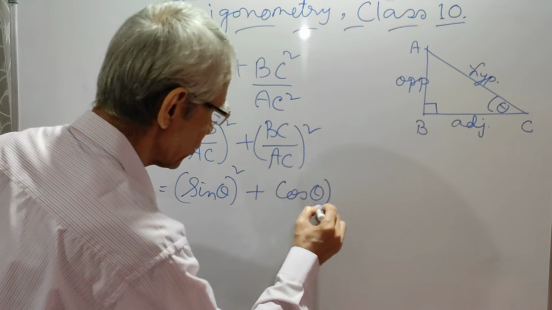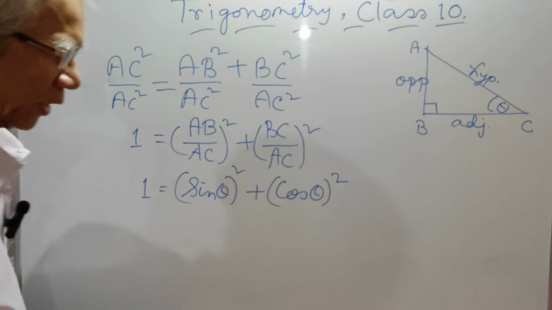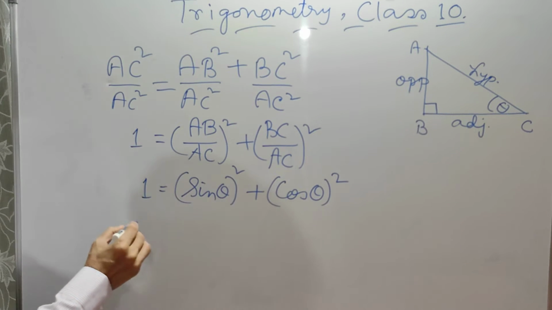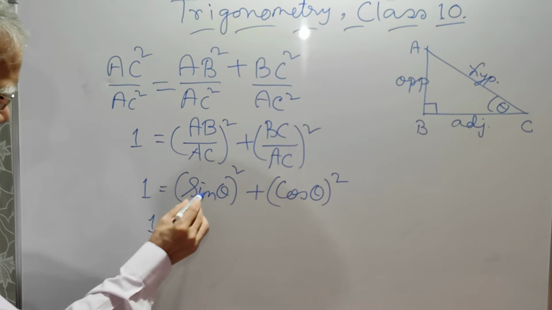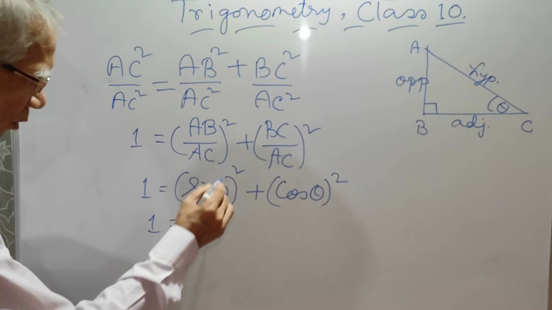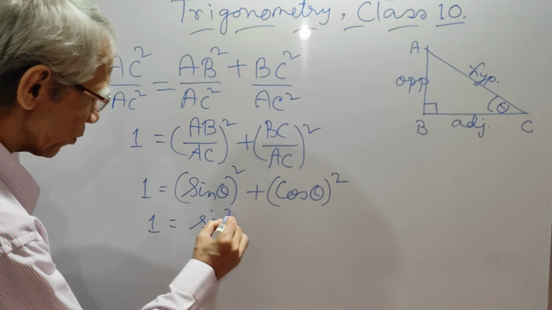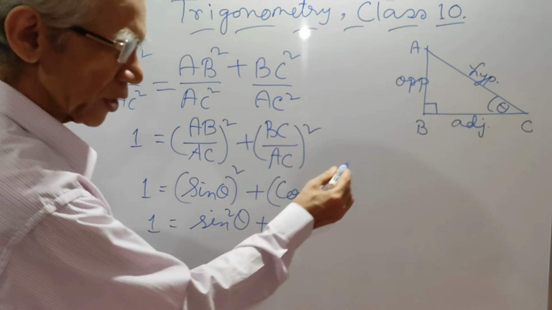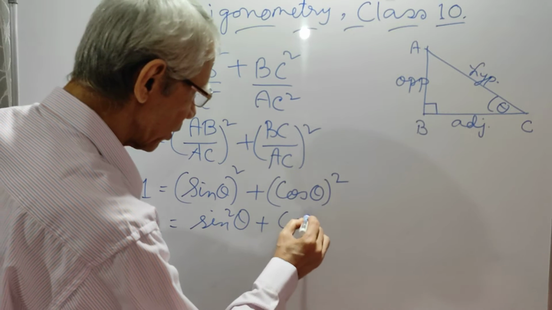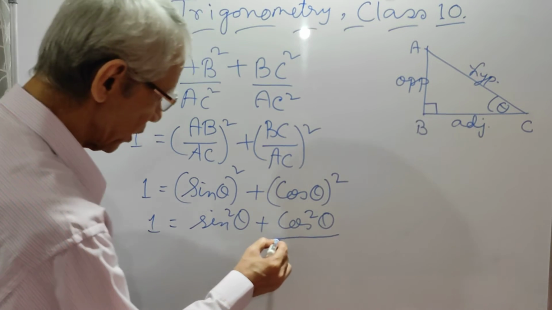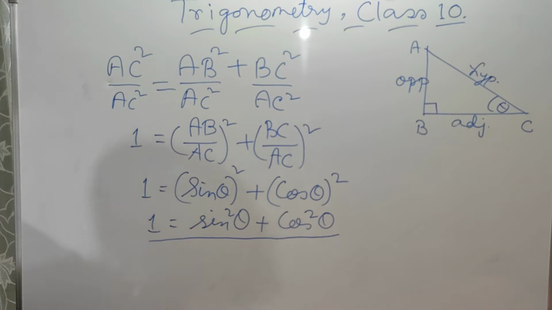So cos theta whole square. Okay, so we got 1 equal to this. Now we got the answer. Only thing we have to rewrite. So sine theta whole square, I showed you before, it is written as sine square theta. And cos theta whole square, how will you write? Cos square theta. So this is the first formula.